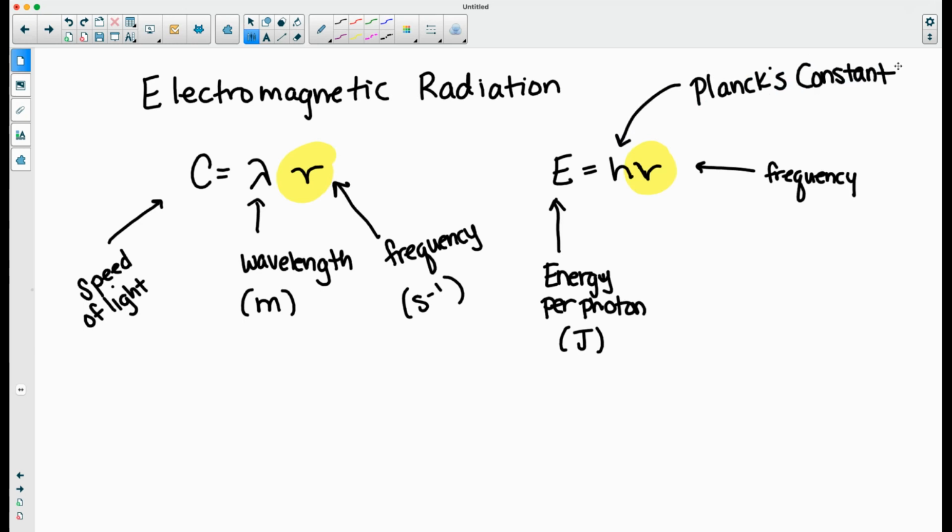For those of you who are in AP chemistry, this is all found on the AP chemistry equations and constants sheet, and it is all under atomic structure.